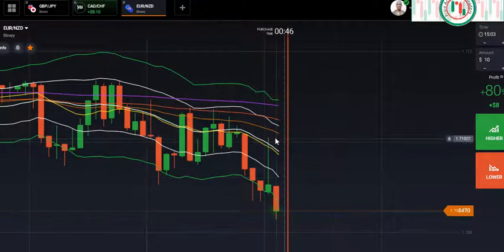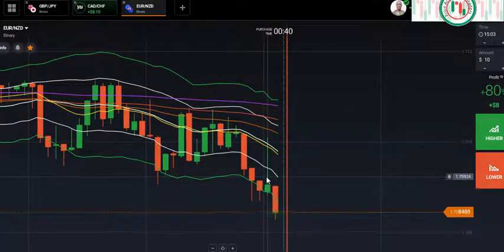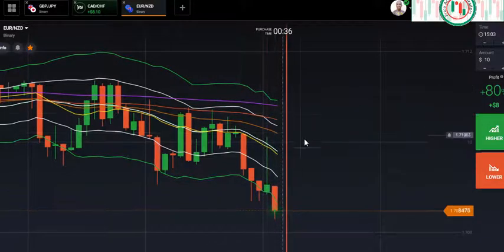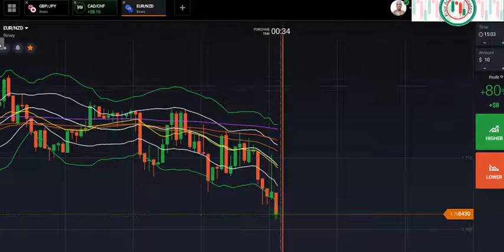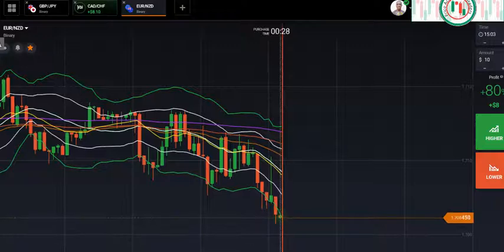Here what we can see is rejection from the 20 EMA. See the rejection. This candle rejected from the 20 EMA, and the formation of the trend is like this.